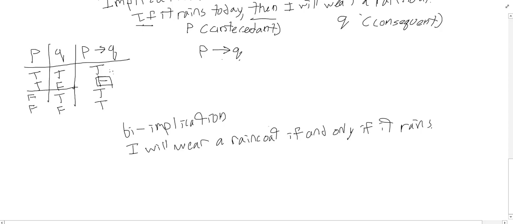So here we're a little bit more stringent: if and only if. Because of the way I used if and only if, this is kind of flipped around. Raining is still P and the raincoat is Q.